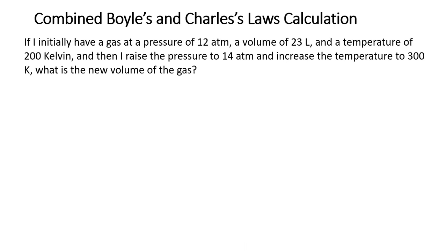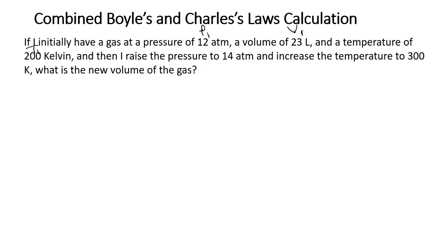Let us see what problem we can solve using the combined gas law. If I initially have a gas at a pressure of 12 atmospheres, so this is my P1, a volume of 23 liters, this is my V1, and a temperature of 200 Kelvin, this is my T1.